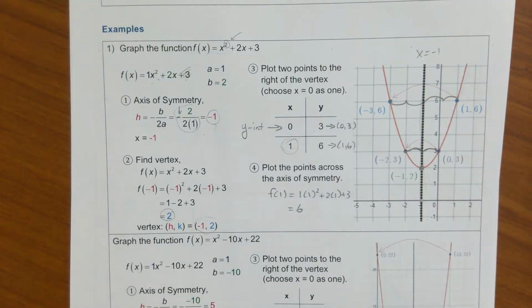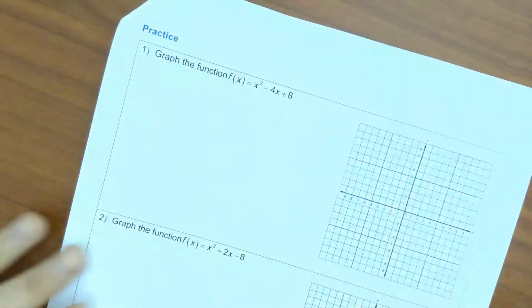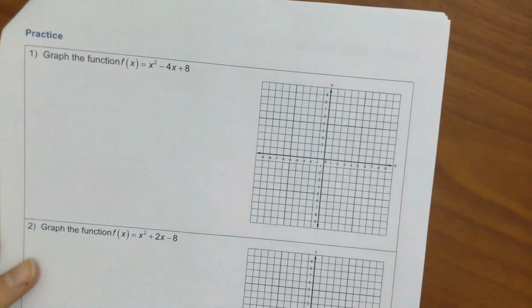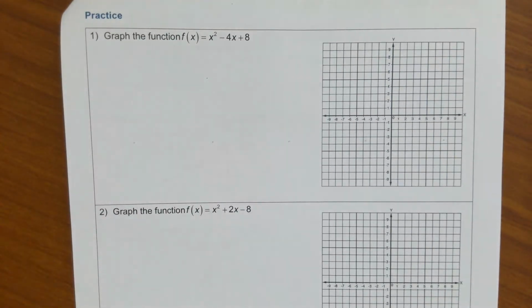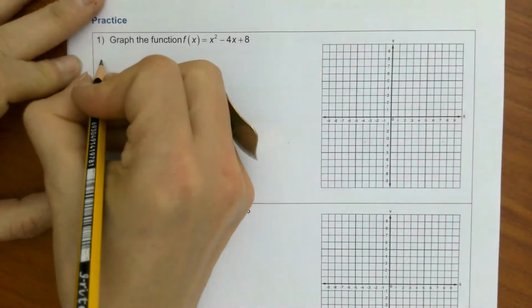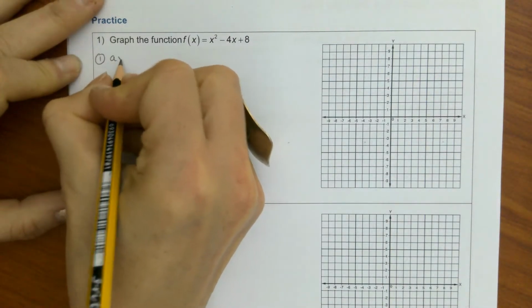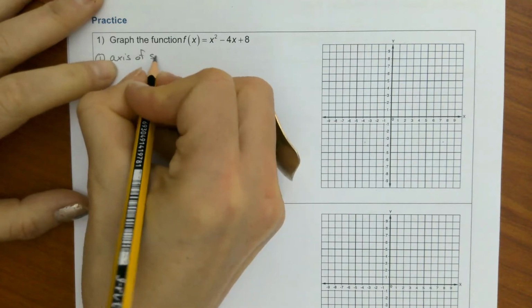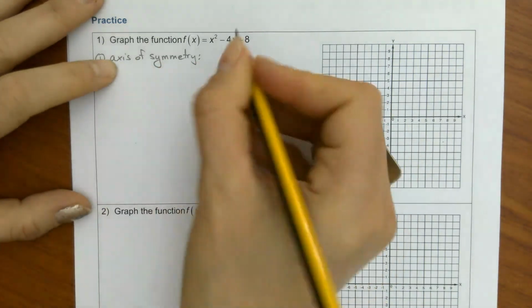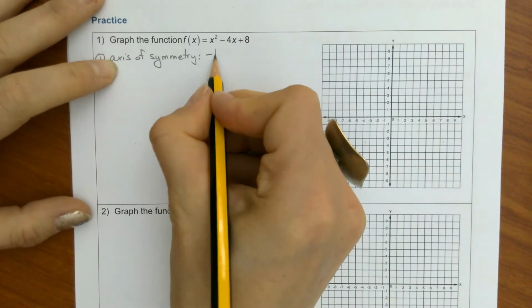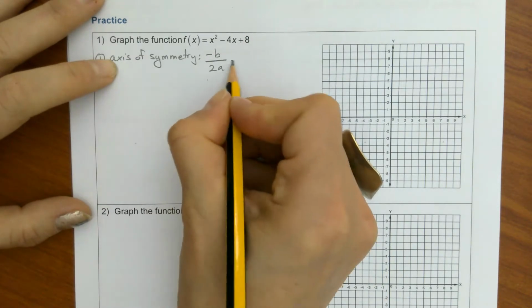So let's do lots of examples. Okay, it says, graph this function. The first thing I'm going to do is find my axis of symmetry. Step 1, axis of symmetry. That's the formula I have to remember, negative b over 2a.